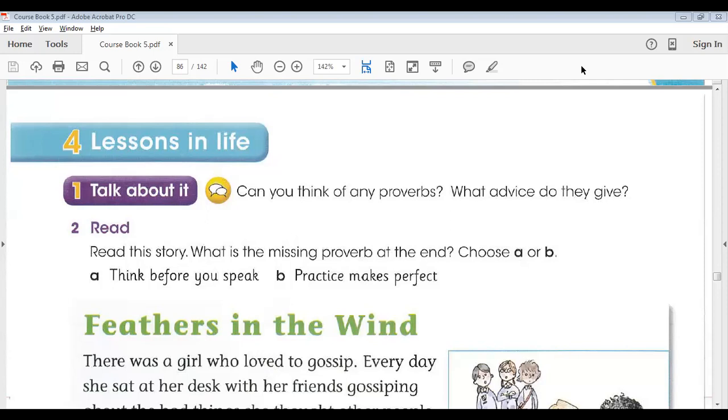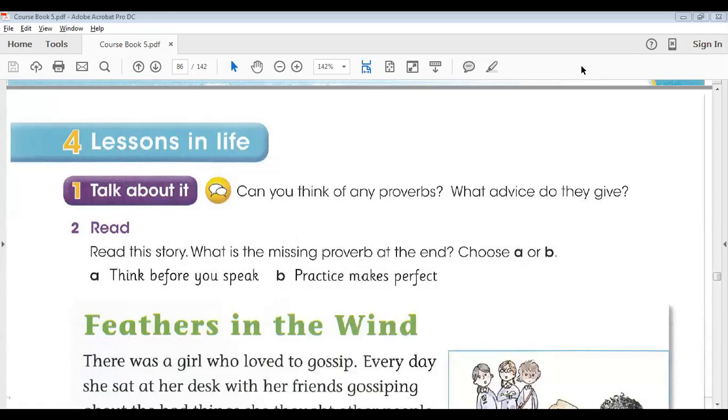Today we started lesson 4, unit 6, English student book, page number 86. And today's lesson is also about story.